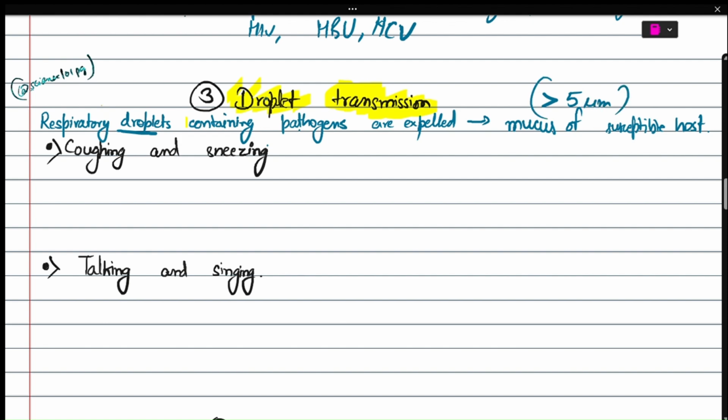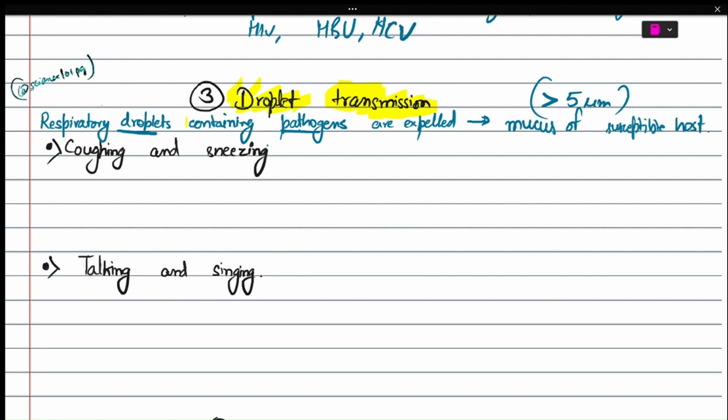Okay. Now, these respiratory droplets which can contain pathogens are expelled and can go and merge with the mucus of a susceptible host. So it is better to cover yourself while sneezing and coughing, right? And also if someone is sneezing, you should avoid directly facing that person, right?